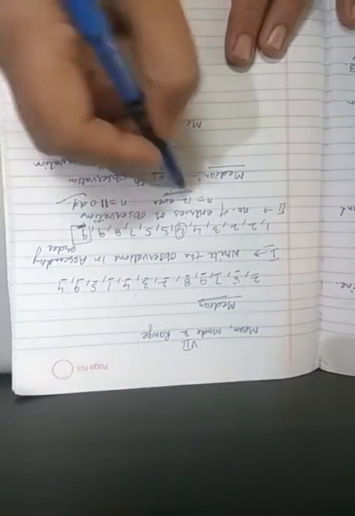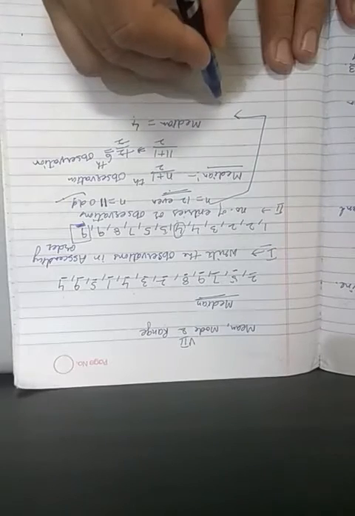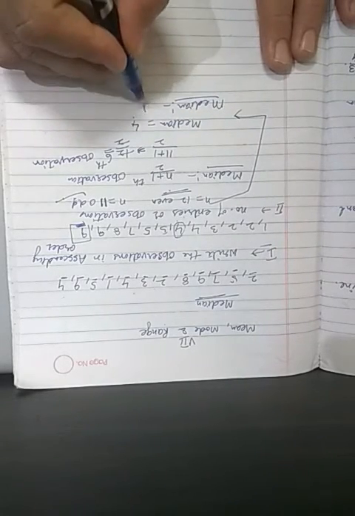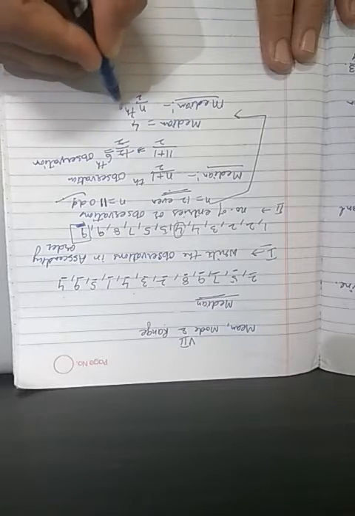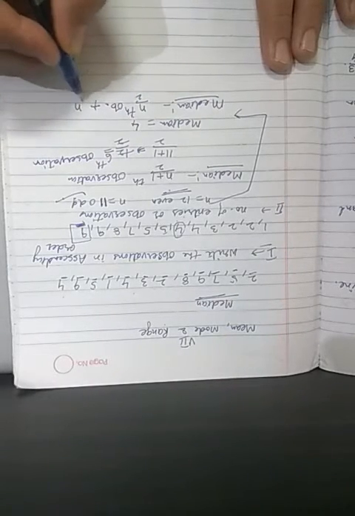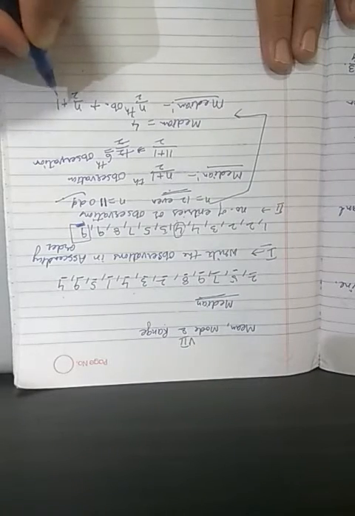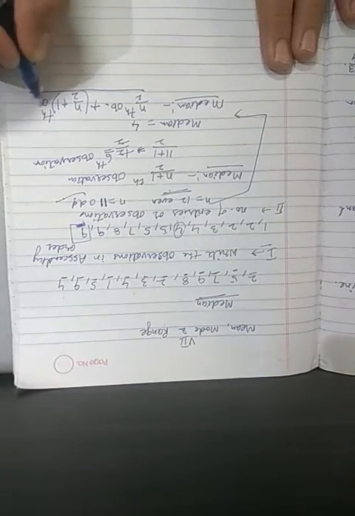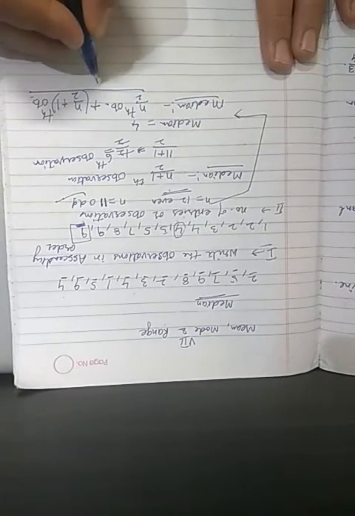But if the number of terms is even, then the median will be the n by 2 th observation plus the n by 2 plus 1 th observation, divided by 2.